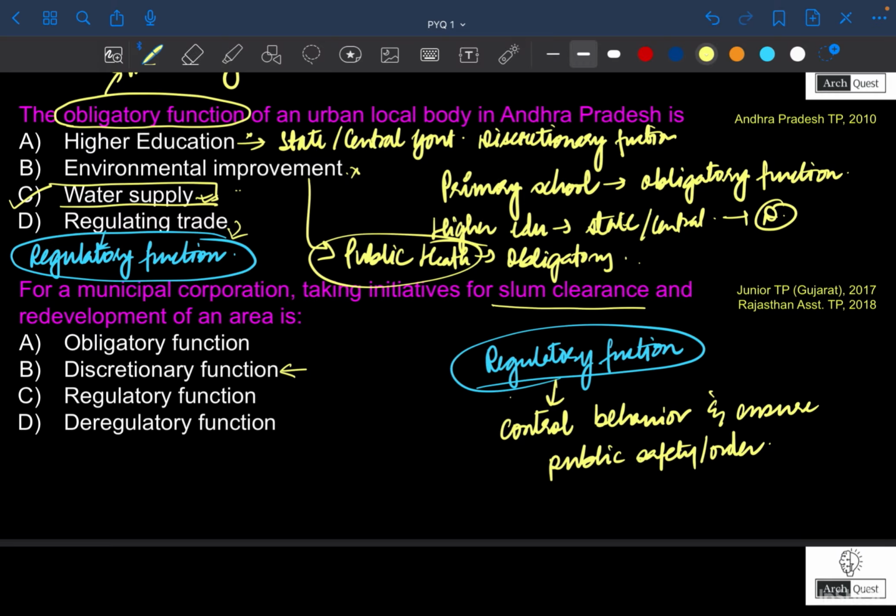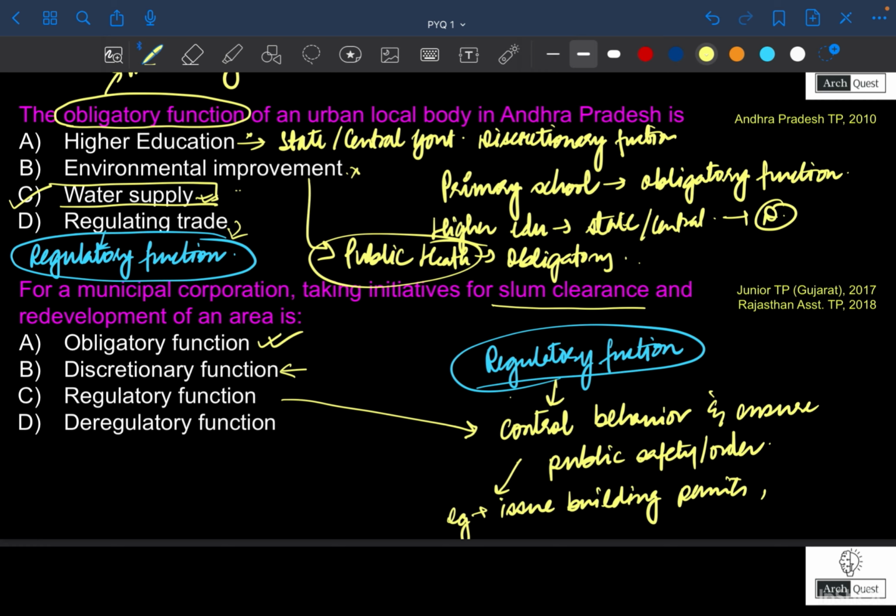But let's see the other options also. Obligatory we know, mandatory चीजें होती हैं. Discretionary चलो ठीक है. Regulating function we just discussed. ठीक है. It also would include, for example, if you want to issue building permits.